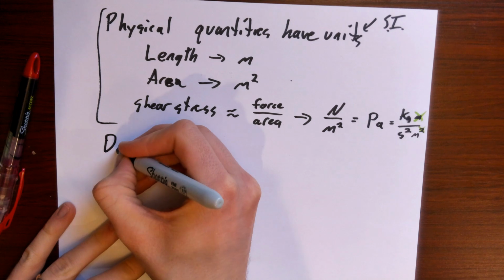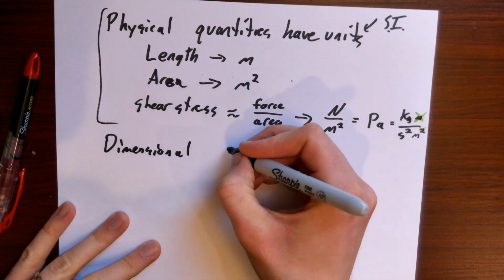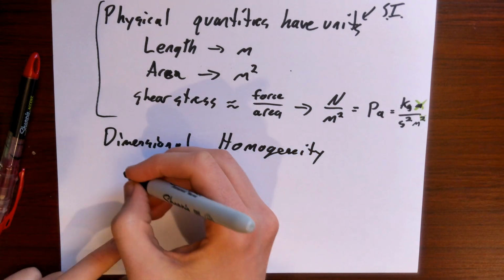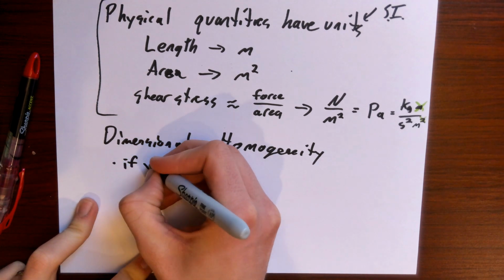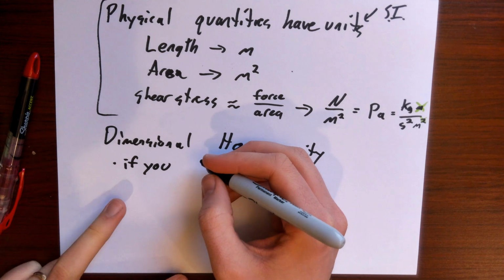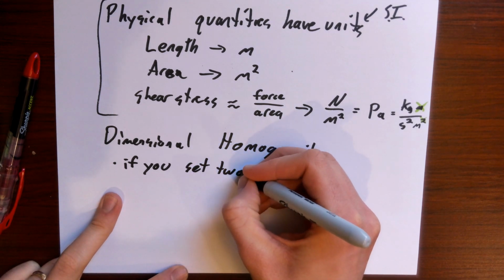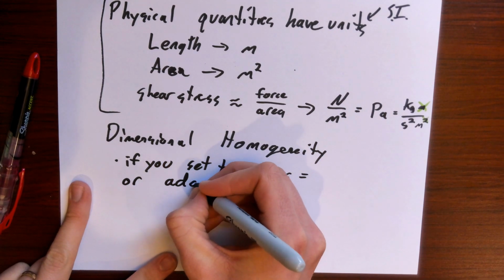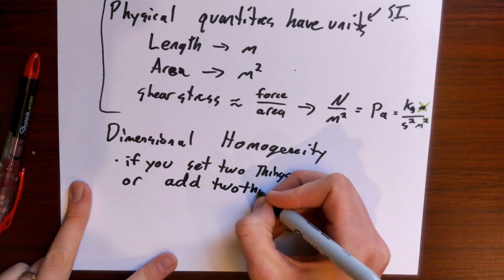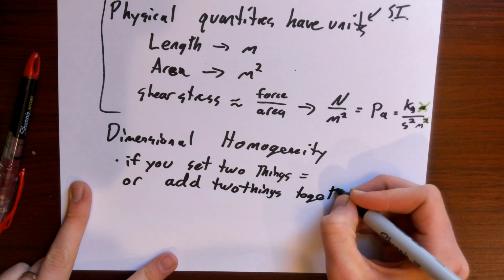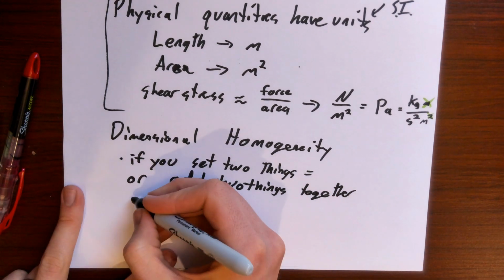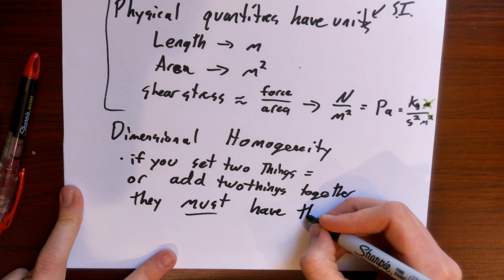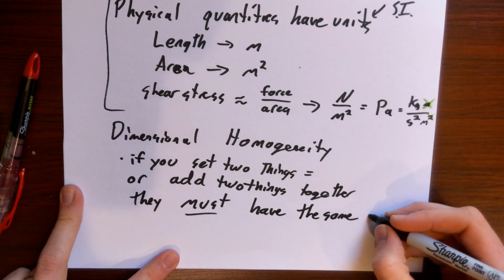Dimensional homogeneity is basically saying, if you set two things equal to one another, or add two things together, they must have the same dimensions or the same units.